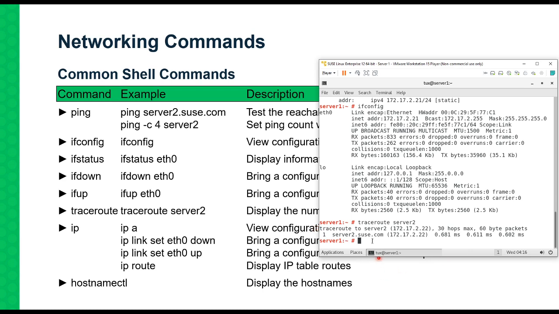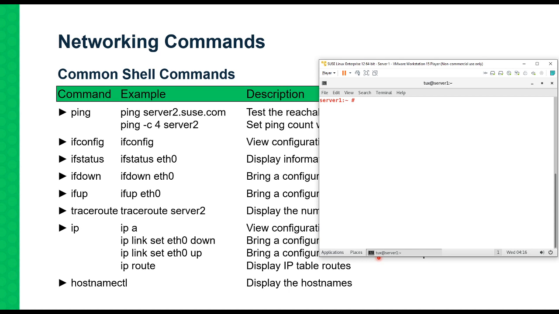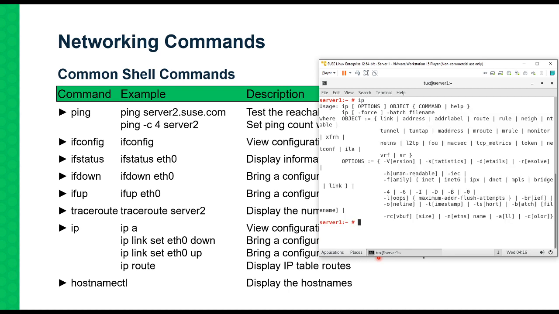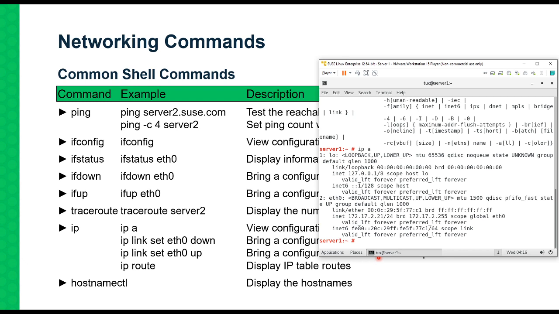Okay, then our next command will be our ip command. Let's first clear our screen, and then we do an ip. So we first do ip, it will give us some options, but we want to view our network configuration. So we'll do an ip a command, and the ip a gives us a very similar output to our ifconfig.